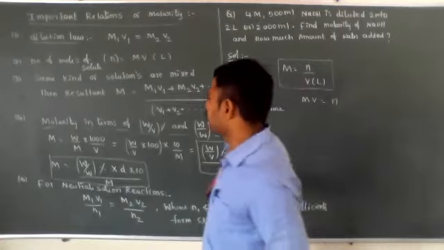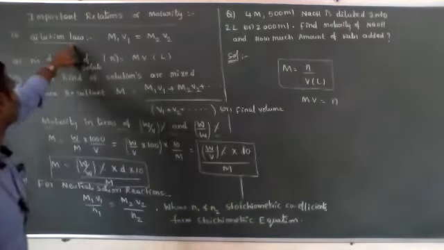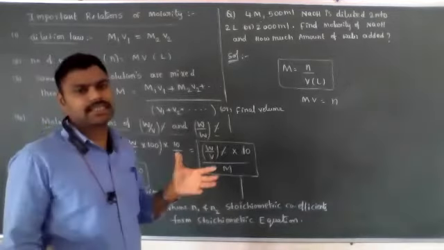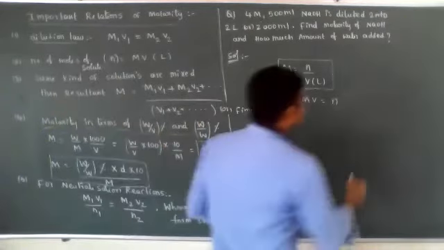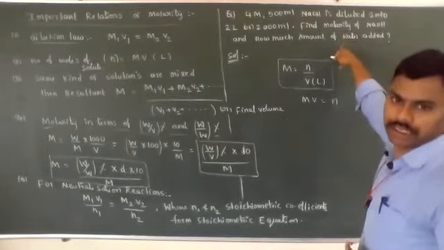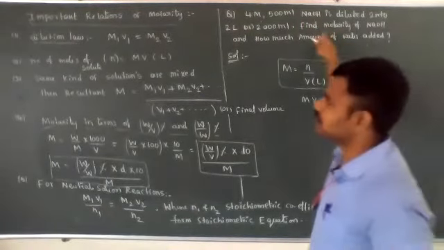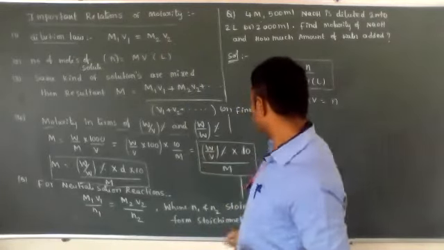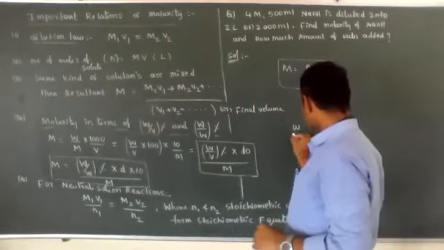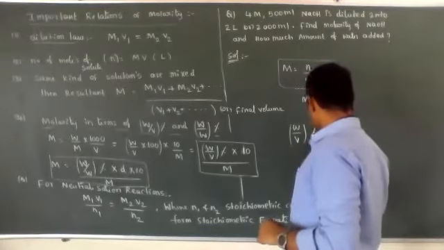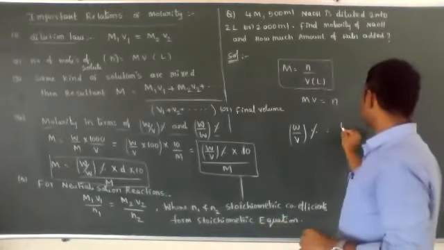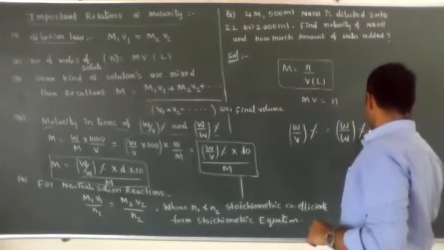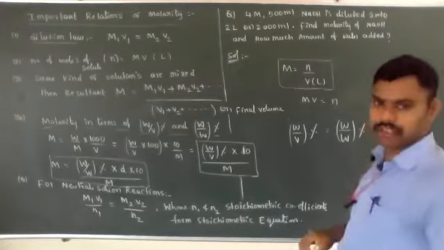This first law is the dilution law. Dilution means just the same. Already I gave one question, and I'll explain how to use M1V1 is equal to M2V2. Now we already know the relation that weight by volume percentage is equal to weight by weight percentage into density of the solution.